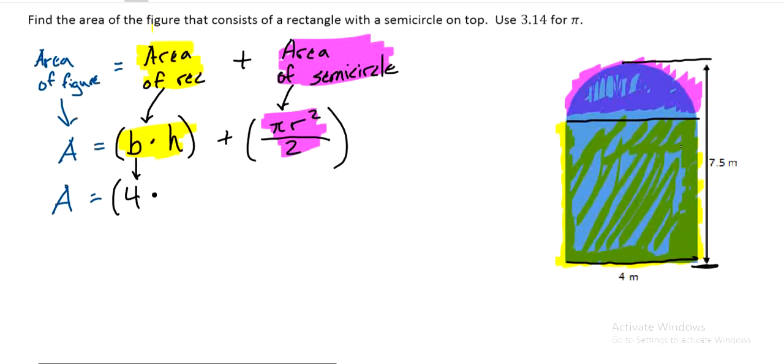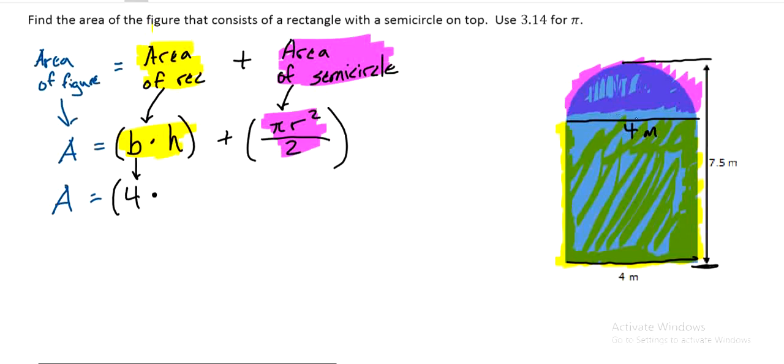We have to think about what we know about circles, and that's actually going to help us figure out the height of this rectangle. So we know that the width or the base of this rectangle is 4. Now that is the same on the bottom all the way up through the rectangle. So that means up here, this top part is also 4 meters. Now, the top of the rectangle is also the diameter of this semicircle.